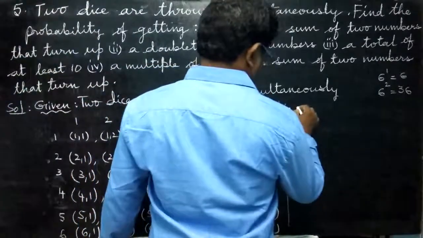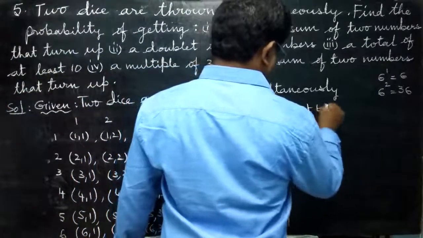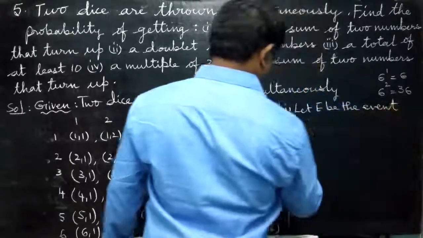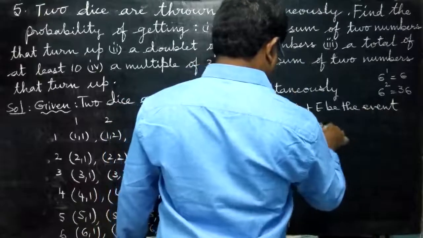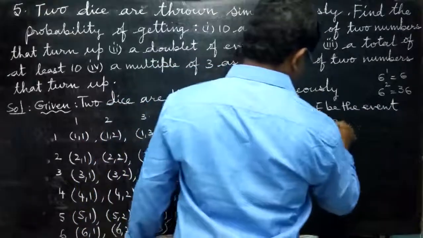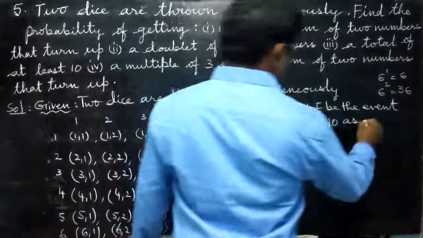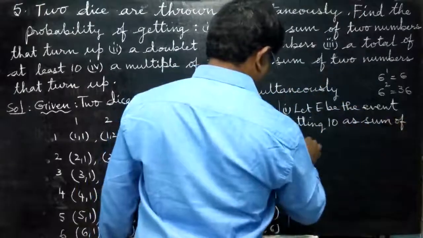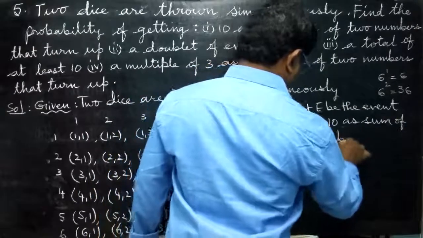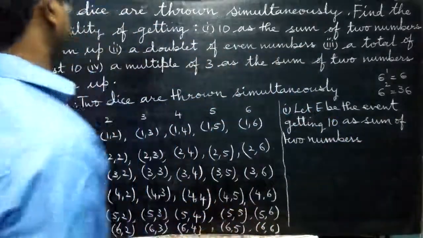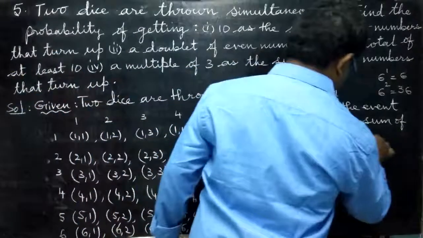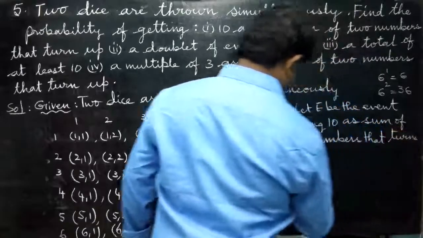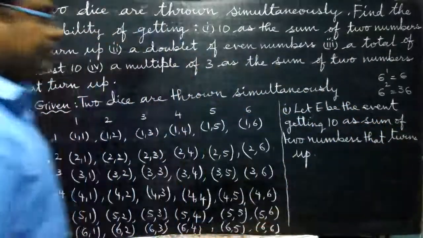So let E be the event of getting 10 as the sum of two numbers that turn up. This is the first bit we are doing now.